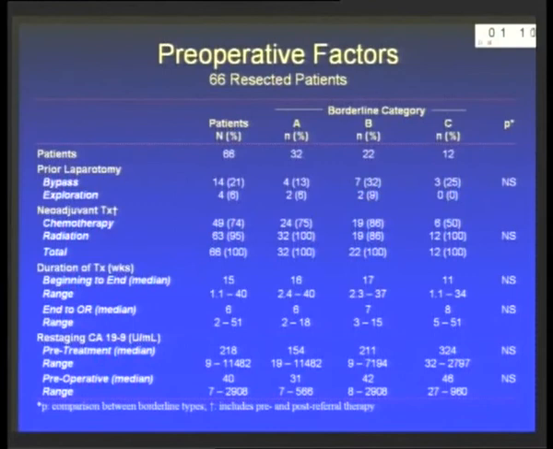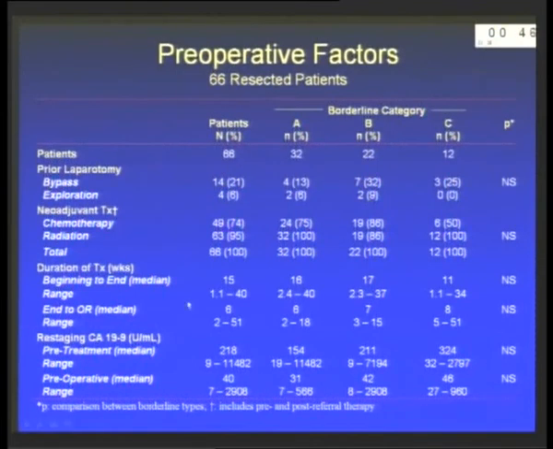Now, if we look at the subset that presented with borderline disease, and we look at the preoperative and perioperative factors associated with surgery in the 66 that we did surgery in, we can see, as we had talked about earlier today, that a number of these patients came to our center having had attempted resection at another institution.